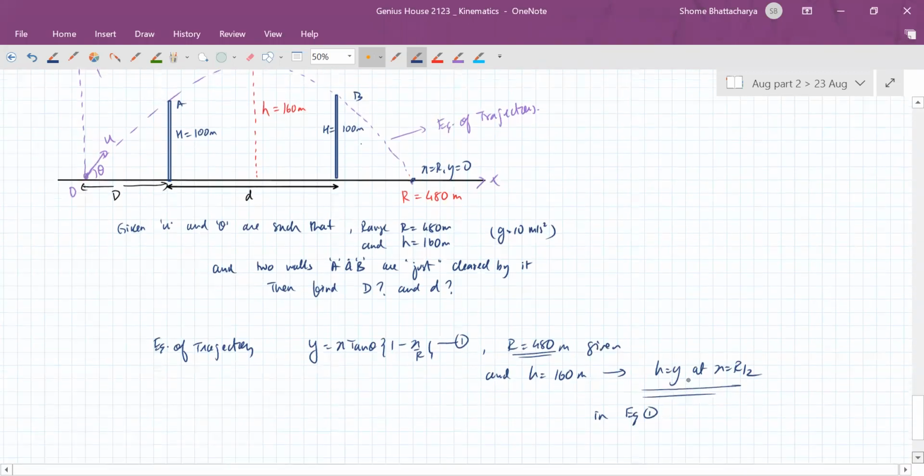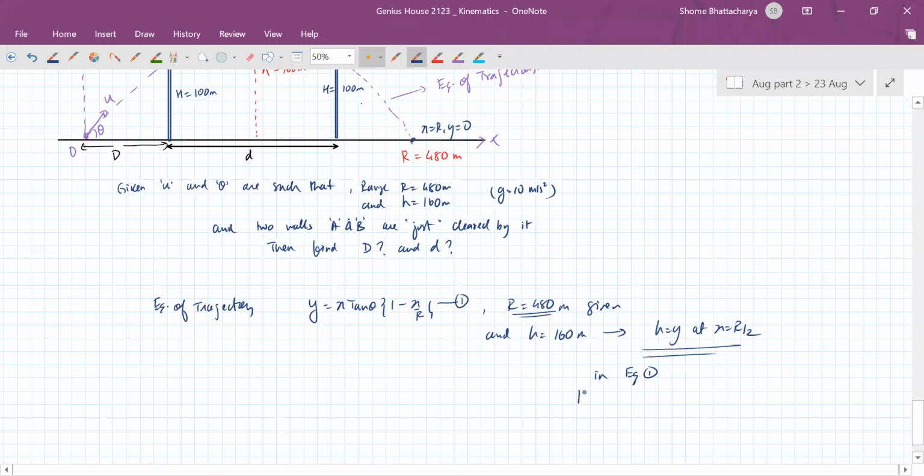So 160 should be equal to the X, Y coordinate: Y is equal to 160 when X is equal to 240 meters, okay? So it should be 240 into tan theta into 1 minus 240 divided by 480. So you have that relation which we had anyway seen between maximum height and range.